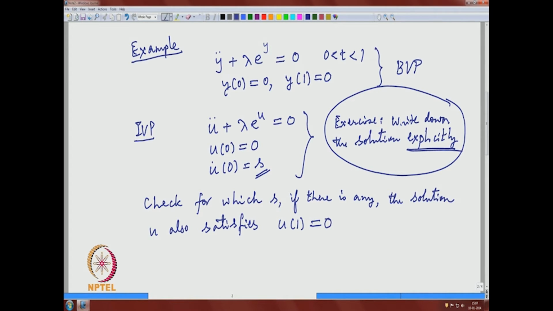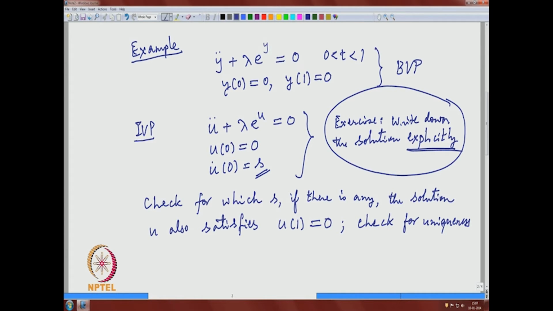And also you check for uniqueness, whether there is one S or more than one S. It is a good exercise. You will see how this shooting method is at work.